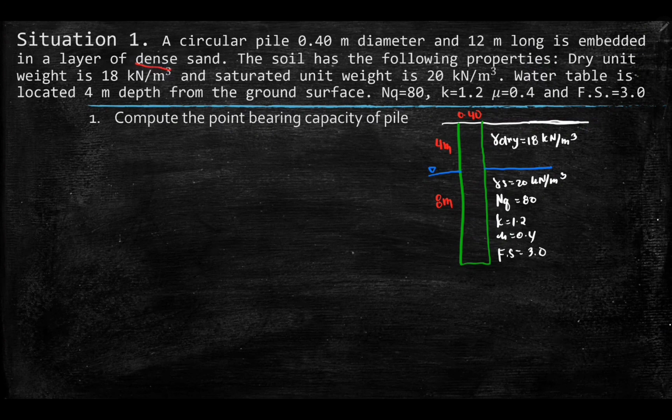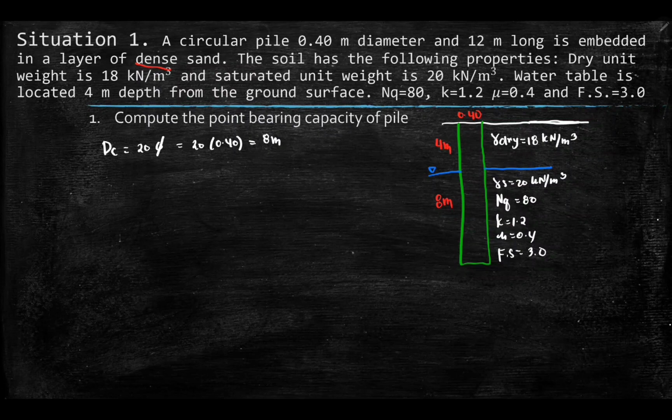For dense sand, the critical depth is 20 times the diameter of the pile. 20 times 0.4 is equal to 8 meters.